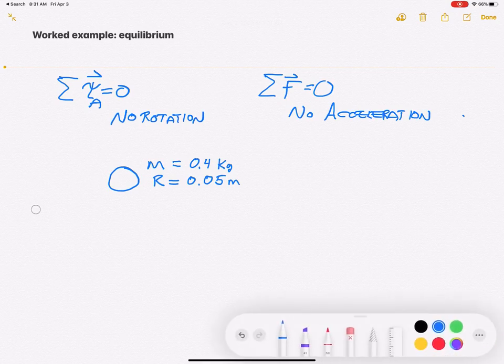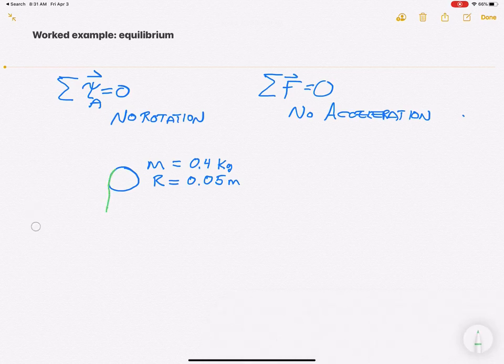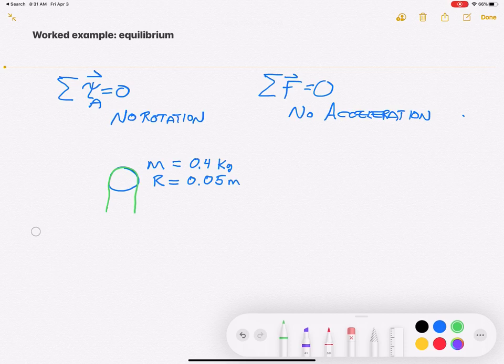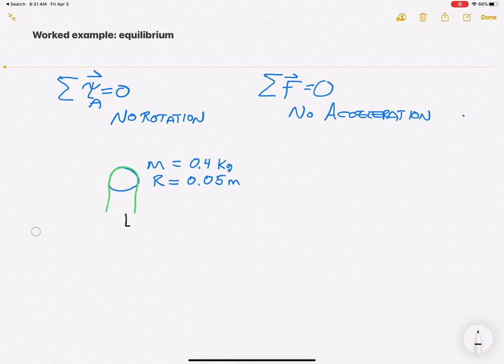And what we want to do is take a rope and go around the pulley, and then we will hang two masses off of the pulley.